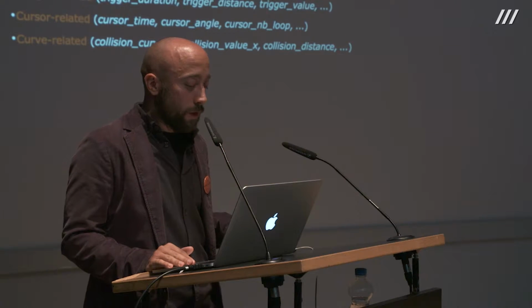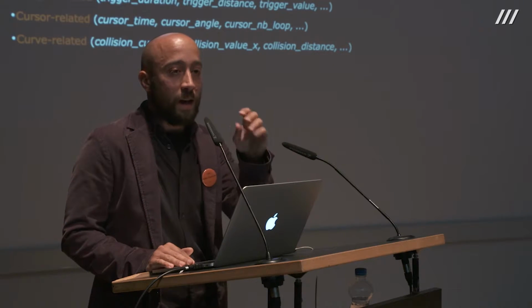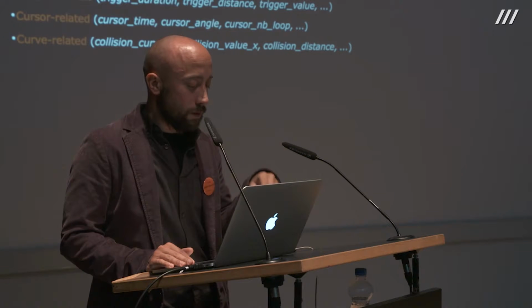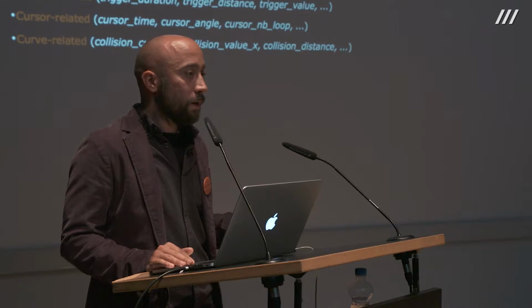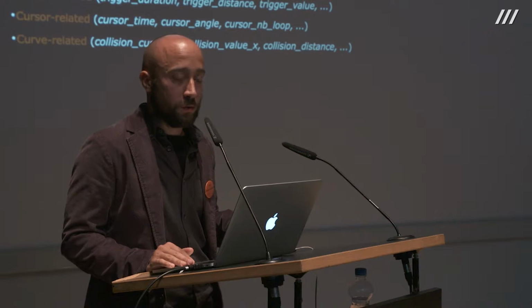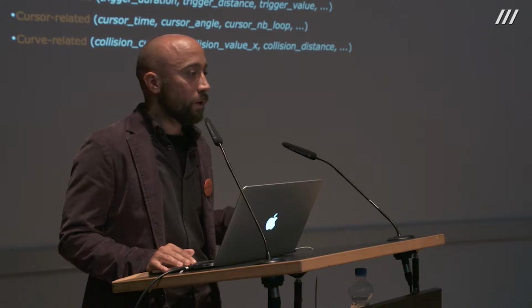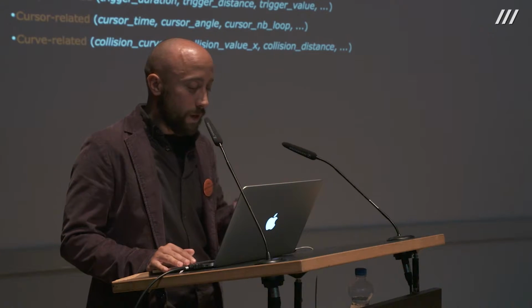So these variables are related, of course, to transport, can be related to object IDs or groupings, and of course related to specific objects attributes, like the collision of a cursor with a curve or many other attributes.